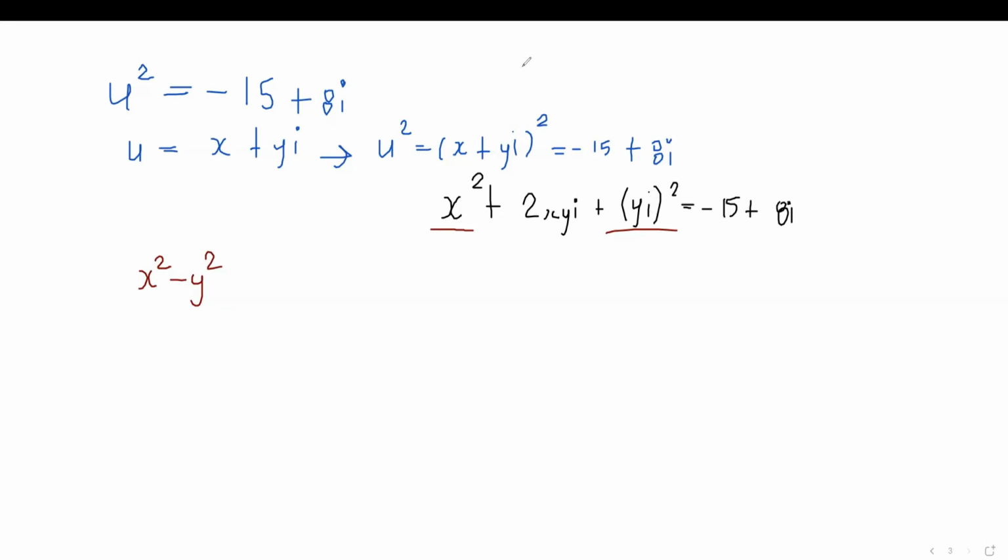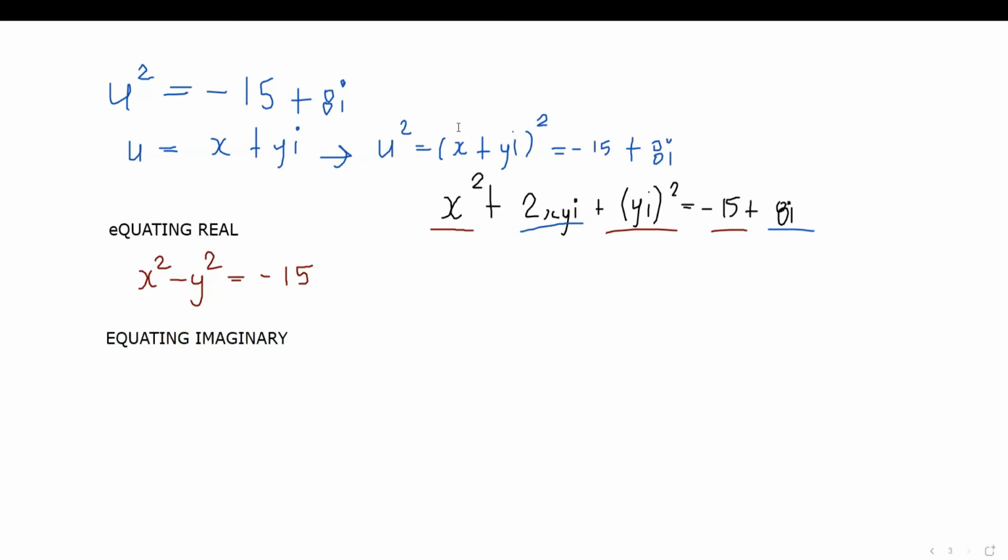So equating our real parts, we have x squared minus y squared is equal to negative 15. So we have one equation, which can lead to a simultaneous equation. Then we can equate our imaginary parts: the 2xyi equal to the 8i. So we write, equating imaginary.